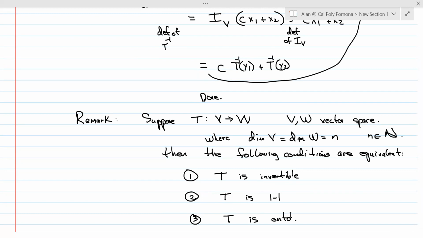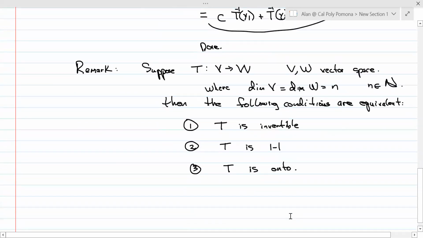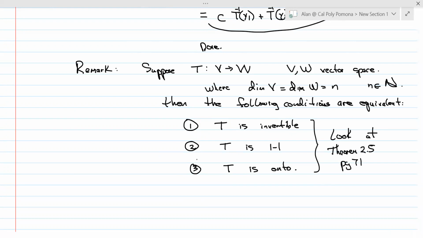So if you want to know why this equivalence holds, you should go back and look at theorem 2.5, page 71. And I'm confident that will tell you that 2 and 3 are equivalent to each other under these circumstances. And the new thing that you have is 1.